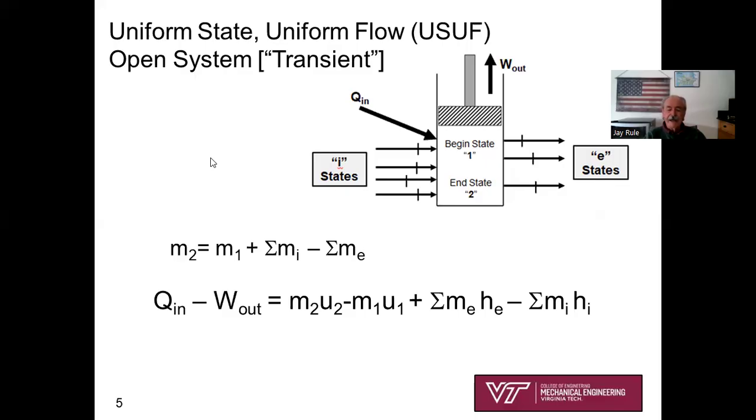The final mass, M2, well, we know it's going to be at least the initial mass, and it's going to be more based on how much mass you add, the sum of the m dot ins. And it's going to be less based on the sum of the masses that you take away, m dot leaving. So it's kind of common sense 101. M2 equals M1 plus the sum of the m ins minus the sum of the m outs.